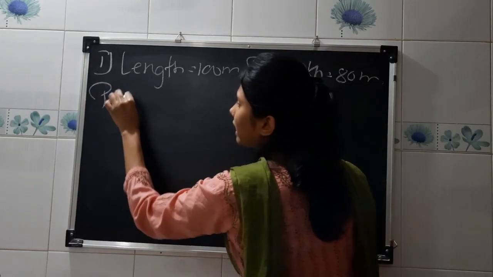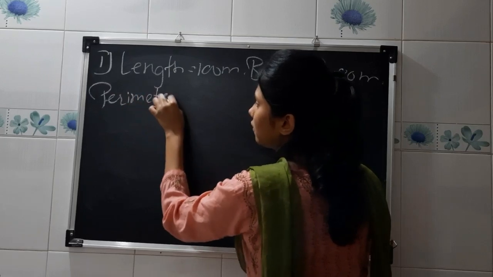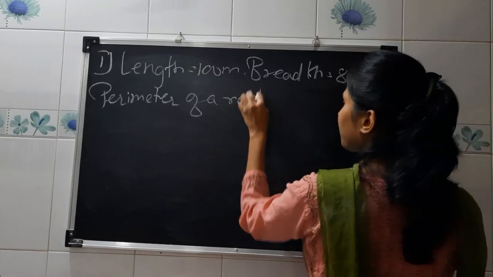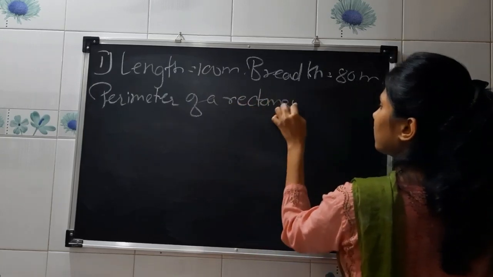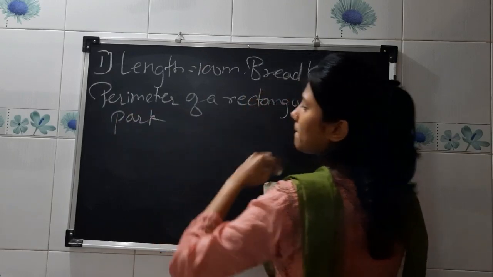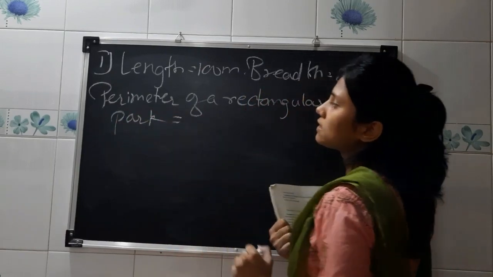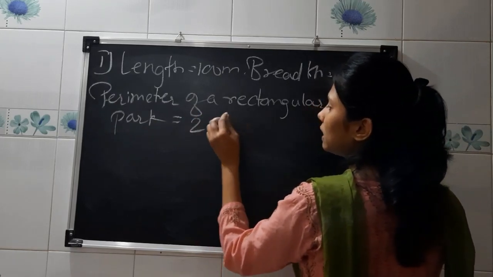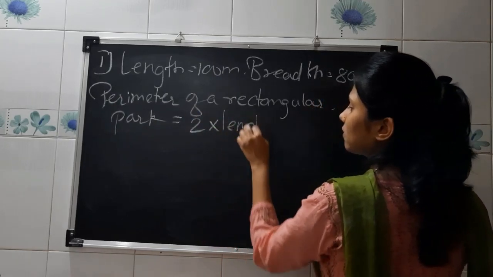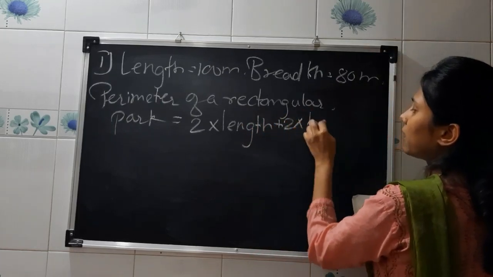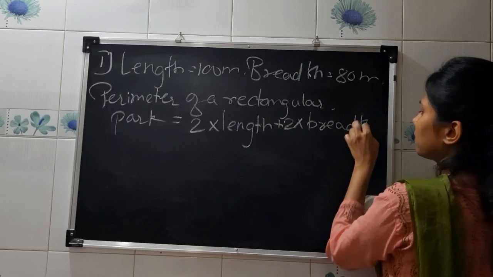So for finding the perimeter of a rectangular park, what is the formula? Perimeter of rectangle is 2 multiplied by length plus 2 multiplied by breadth.